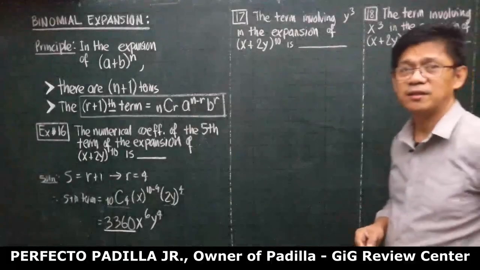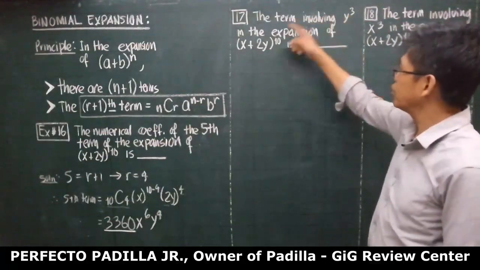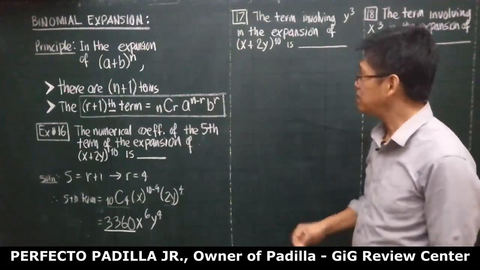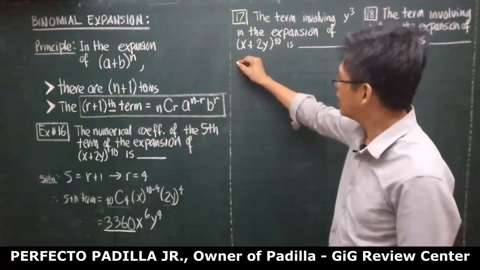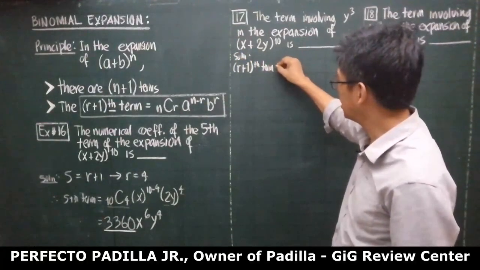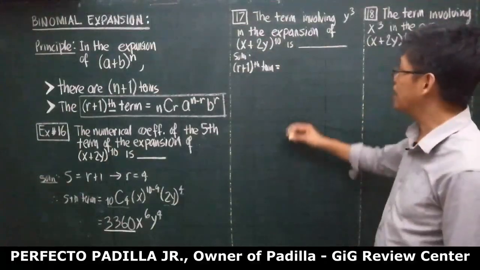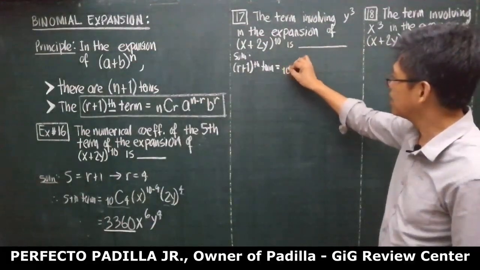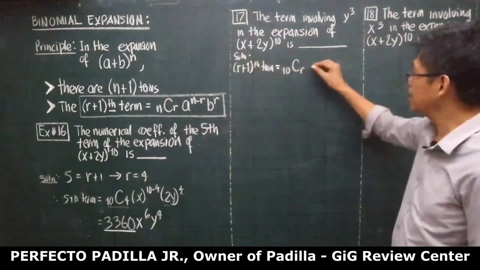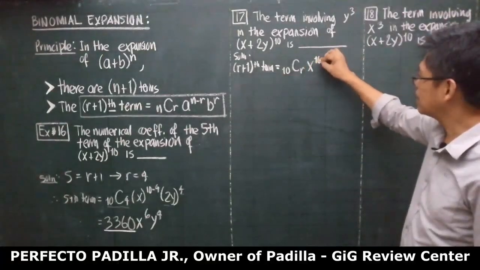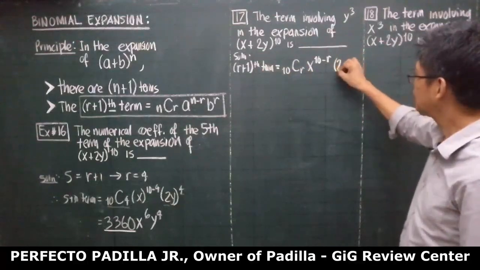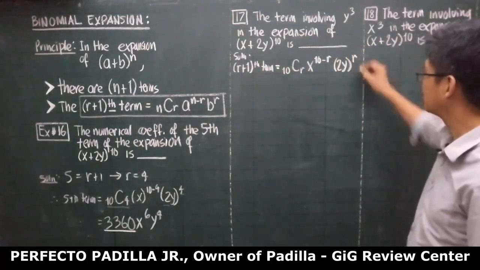What about this one? The term involving y cubed in the expansion of x plus 2y to the 10 is blank. So, sabi natin, di ba, yung r plus 1 term is equal to NCR, ano yung n? 10 CR times A, your A is x to the 10 minus r, times B, which is 2y to the r.